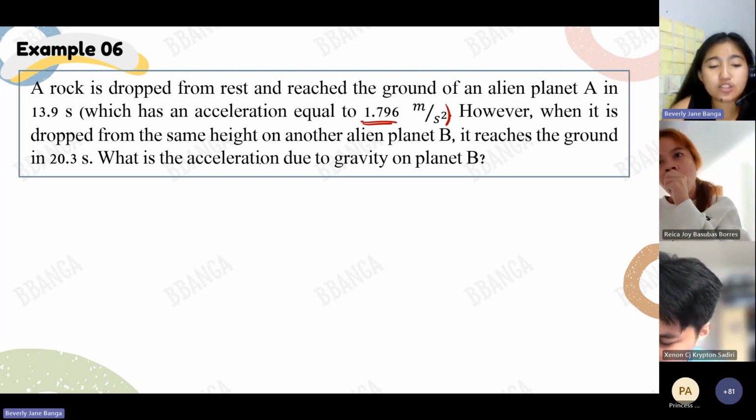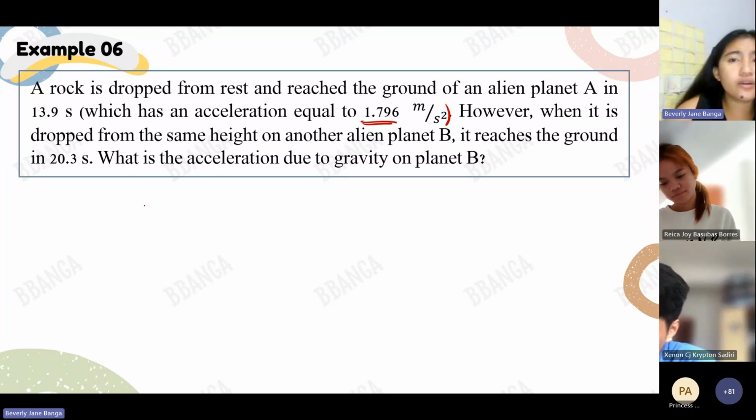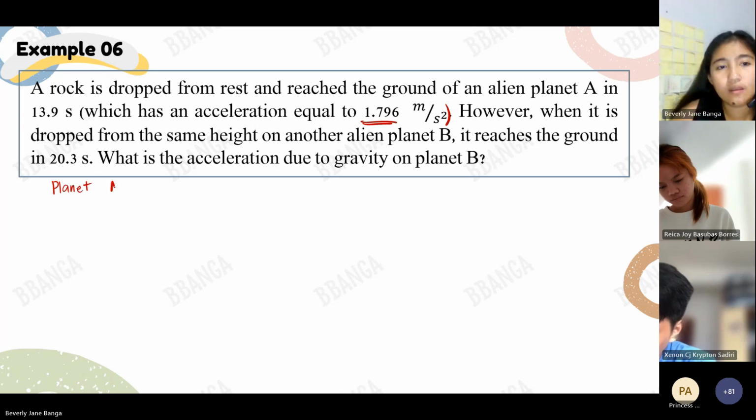What is the acceleration due to gravity on planet B? So this time, class, lumabas na tayo sa Earth. Hindi na natin gagamitin yung acceleration due to gravity natin na 9.8 meter per second squared. So, yung scenario is that in alien planet A, in planet B, ito yung mga details natin.